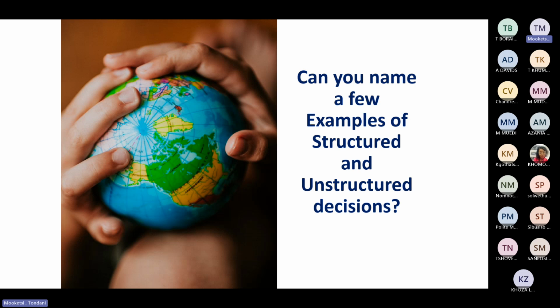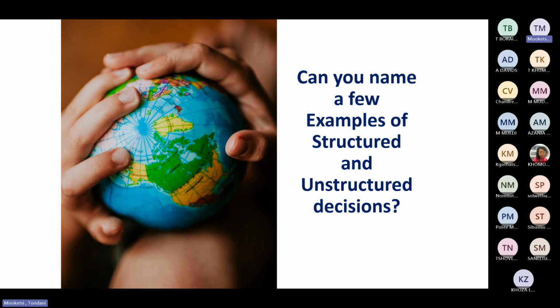Issuing of grants. There's probably a structured decision on how someone qualifies for a type of grant. I know there is old age grant. Probably there are rules relating to how old you must be to qualify for a grant. I don't know if they look at whether you are male or female.